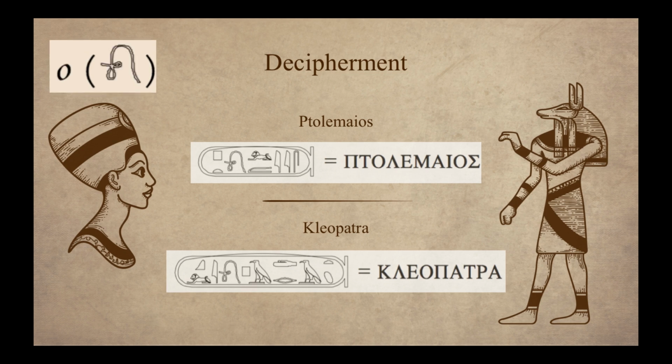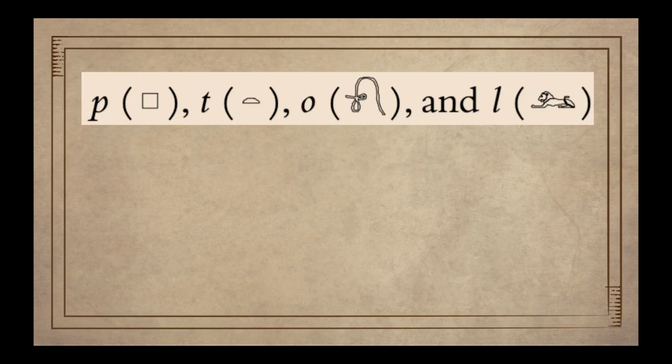Also, there's the letter O in both names. So we can assume that this lace here is the letter O. Finally, we have the letter L, which is probably this lion here, since you can find it in both names. And so from that alone, he has already found the equivalent of 4 letters.